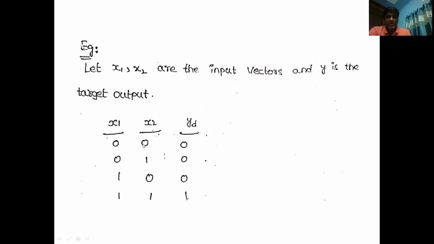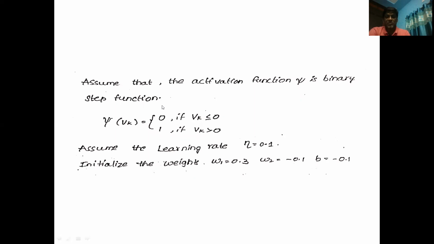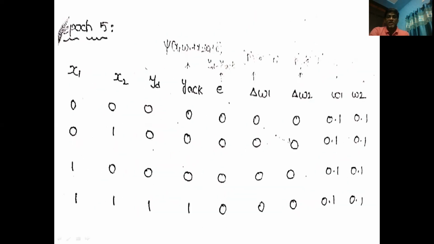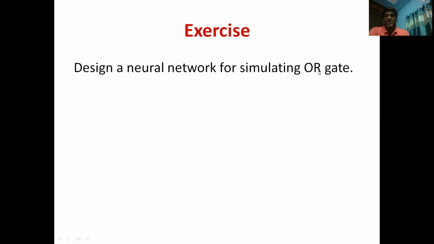Except when x1 and x2 are zeros, the desired response is 0, and in the remaining cases, the desired responses will be 1. So you consider that truth table, and also you can assume the same binary step function, the same learning rate, and you can start with these initial weights also. So you can consider these same values just like the previous example, and design the neural network for simulating the behavior of the OR gate.